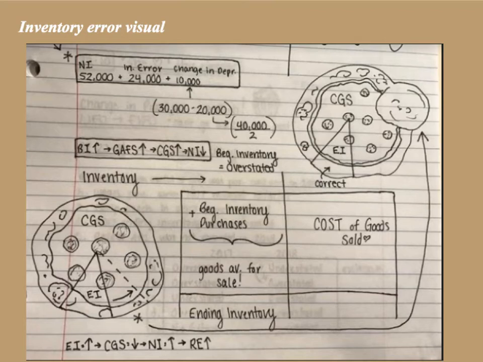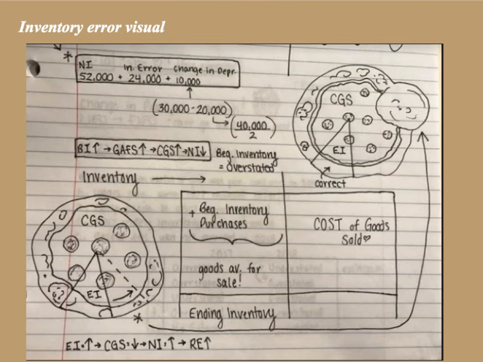You can see visually what it does to your cost of goods sold, because goods available for sale is correct. So now that split between ending inventory and cost of goods sold is wrong, and ending inventory gets into cost of goods sold, and now this part is understated. So you have to be very comfortable thinking through this little diagram at the bottom. What does it say? If your ending inventory is overstated, like in this case, your cost of goods sold will be understated, too little.